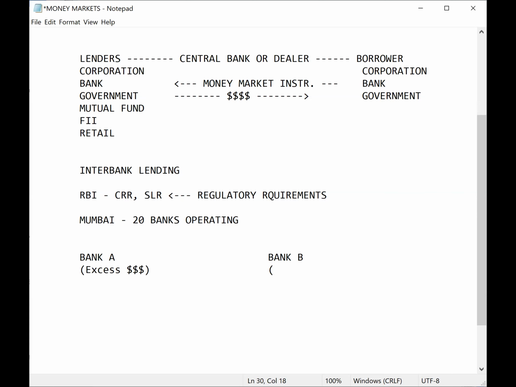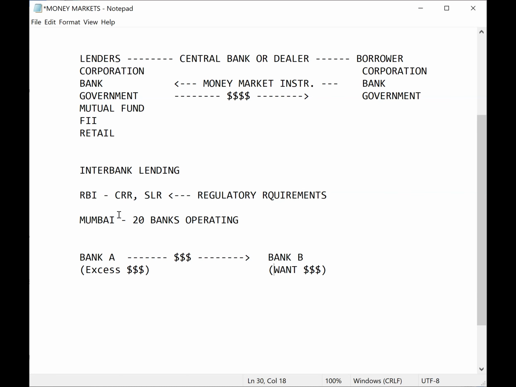Whereas bank B finds that they don't have the money to maintain these ratios, they want funds. Got it? So somebody has excess funds and somebody wants funds. So bank A would think, let me give my money to bank B, and bank B in return would give me interest.